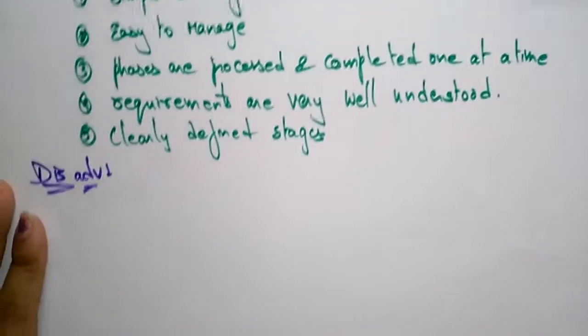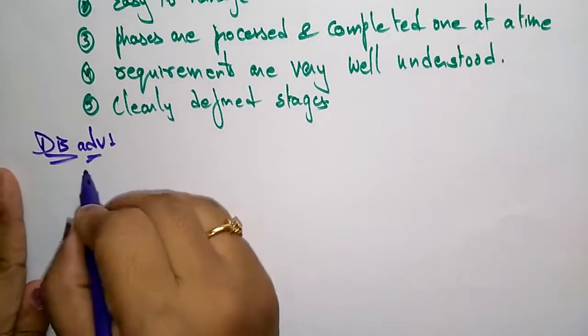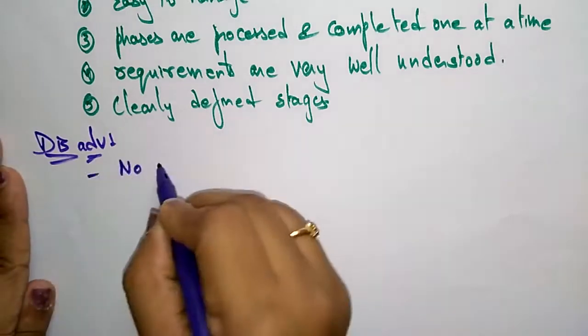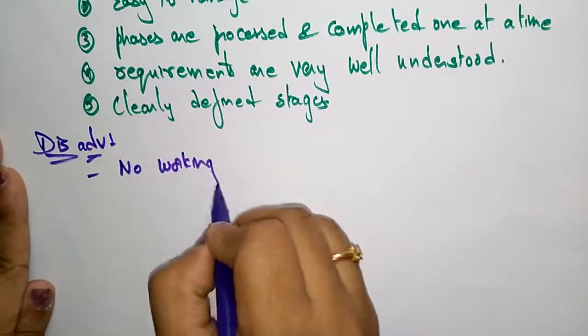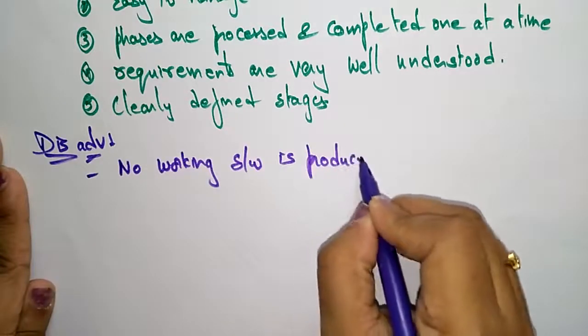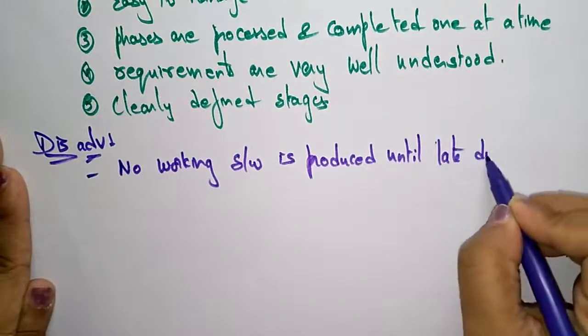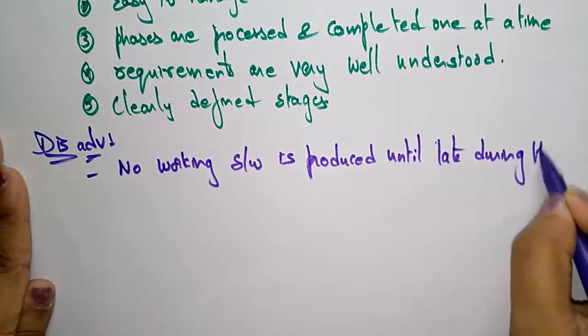The disadvantage of using the waterfall model is that no working software is produced until late during the life cycle. That is one. Let me write that: no working software is produced until late during the life cycle.